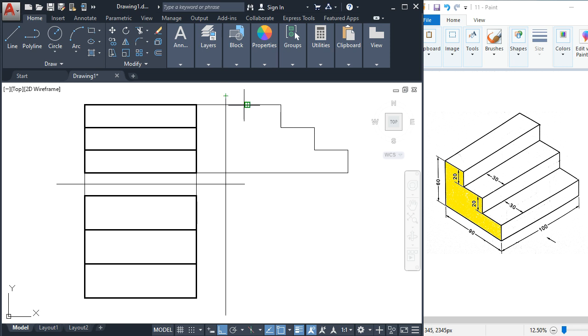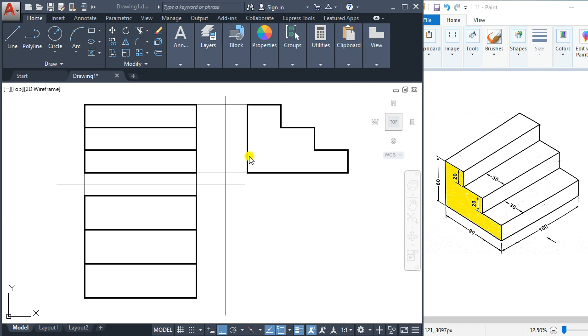This is the starting point, so you can join here and you can join here, such that this one represents the side view of the object. Here also we'll darken whichever lines are required, like this. So this represents the side view, that is the left hand side view of the given object.